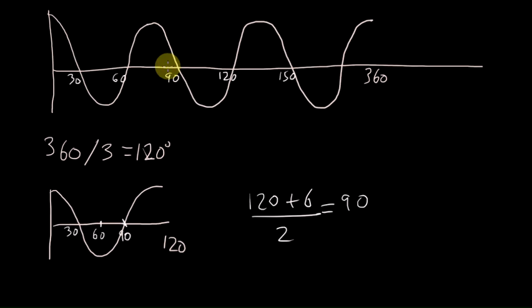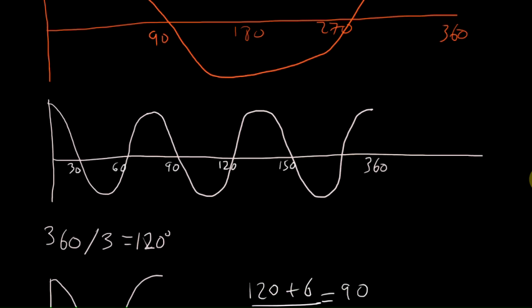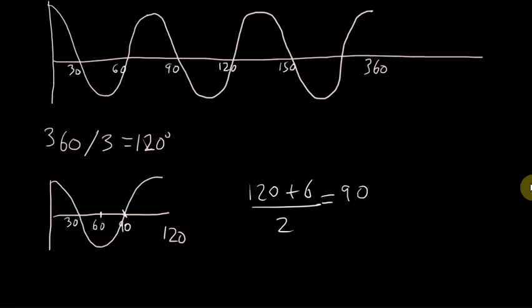6, 12, 18, 21, 27, 33. It does go up in sixes. But we didn't. That's 60.